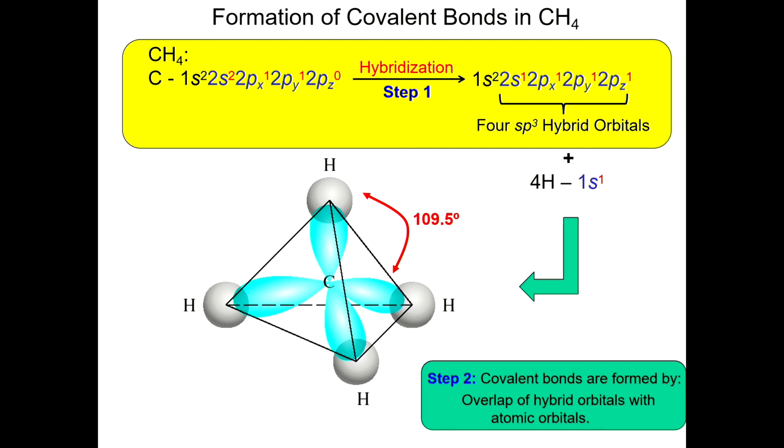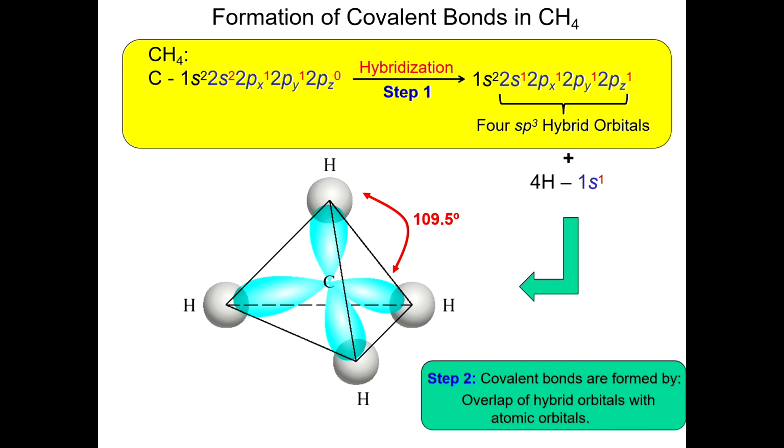We know it has 2 s electrons and 2 p electrons, so in total it has 4 electrons. Each of the 4 hybrid orbitals has 1 electron. It looks like 1 s electron is moved to the p orbital. So there are 4 single electrons.